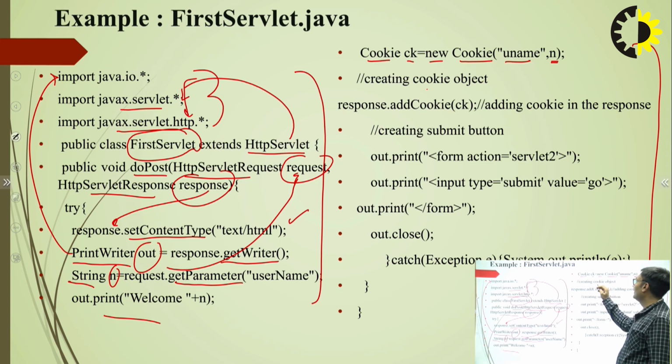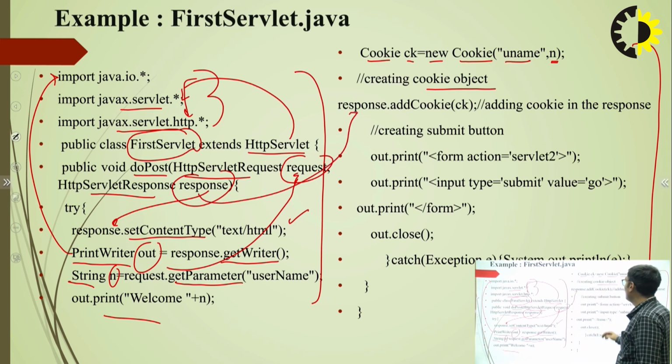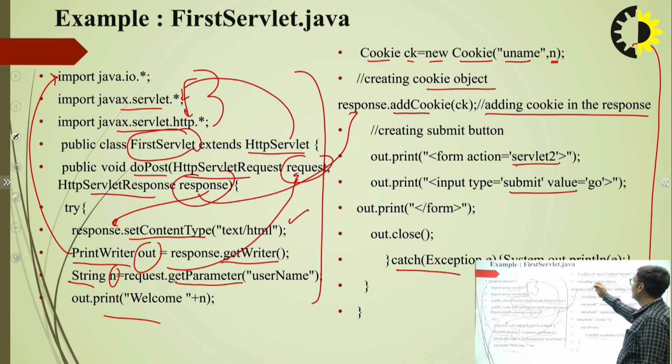So in this way we can create the cookie, and I'm adding this cookie by the HTTP servlet response object dot add cookie, as I told you how to add the cookie inside the program. So this one is the line that will add the cookie, and in this way we can go to the form action servlet 2 by clicking the submit button. If there is some exception, we can catch this exception and print it. So this one is the important part through which we can add the cookie.